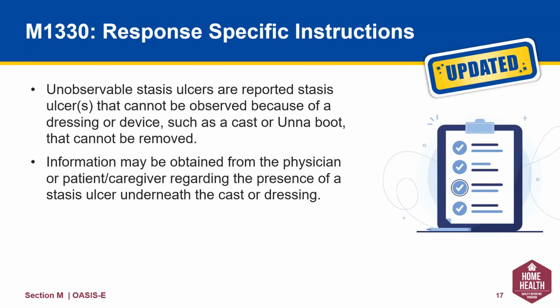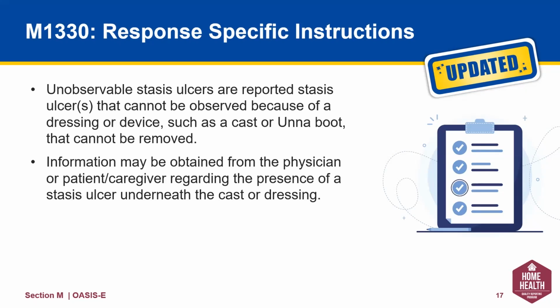M1330, these are response-specific instructions. Unobservable stasis ulcers are reported stasis ulcers that cannot be observed because of a dressing or device, such as a cast or Unna boot, that cannot be removed. Information may be obtained from the physician or patient caregiver regarding the presence of a stasis ulcer underneath the cast or dressing.